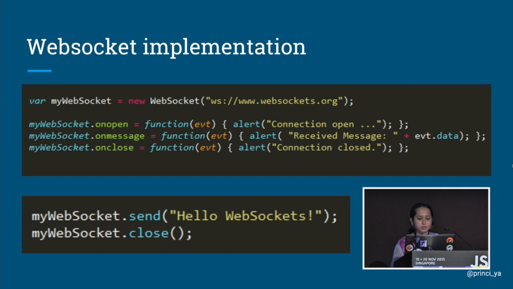Before connecting to an endpoint and sending a message, you can associate a series of event listeners to handle each phase of the connection lifecycle as shown here. So we have a bunch of event listeners like onopen, onmessage, onclose, and onerror as well, which we can include.